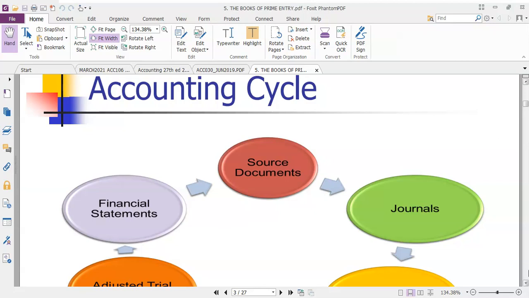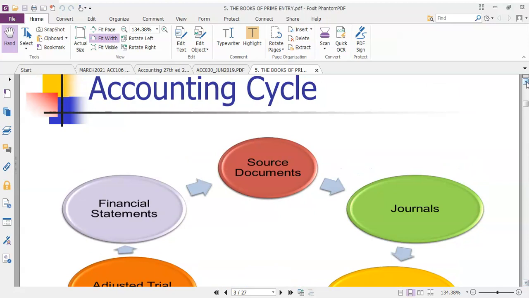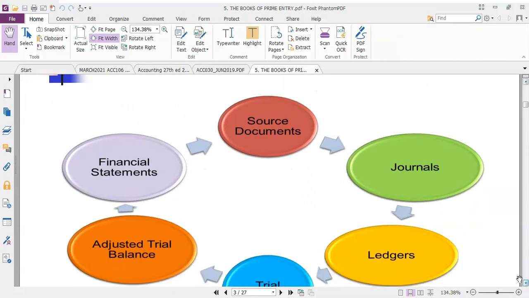Actually in accounting, you must know many cycles or processes included in accounting itself. On the first step, you must know what source documents are.